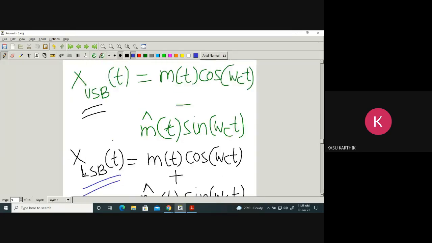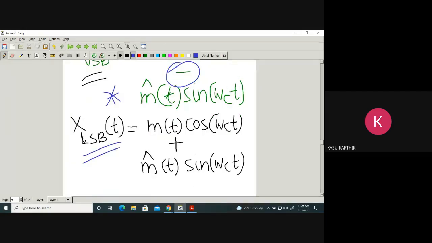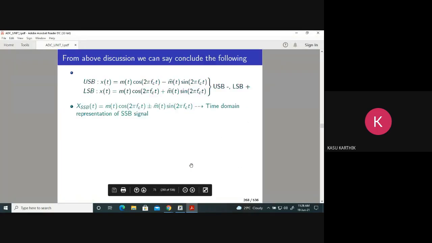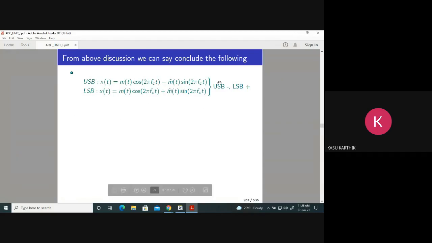Okay, don't get confused. Generally, people think that if you keep plus here, you get the upper sideband, and if you keep minus, you get the lower sideband. No, it's the reverse. If you keep minus here, you get the upper sideband. If you keep plus here, you get the lower sideband. So this is the final equation of SSB.